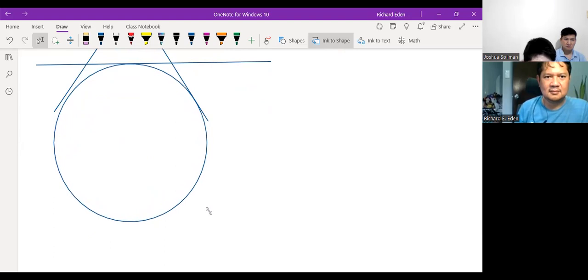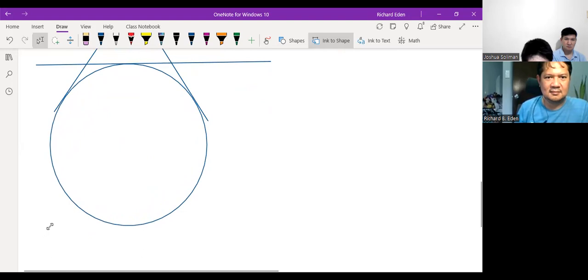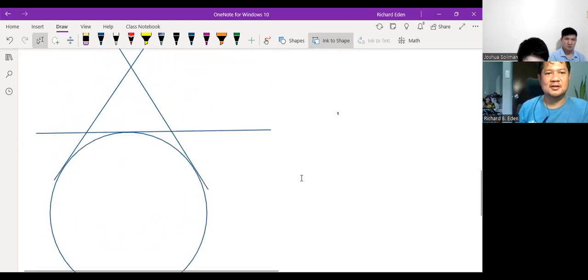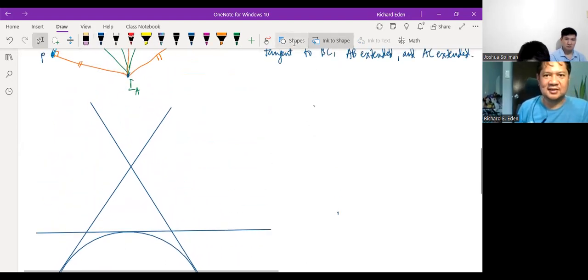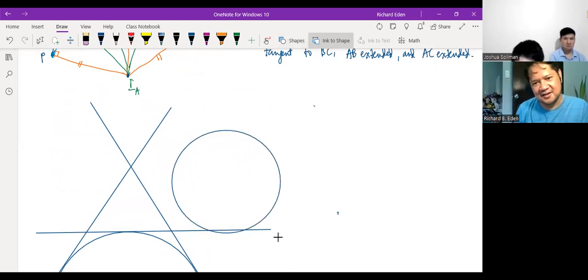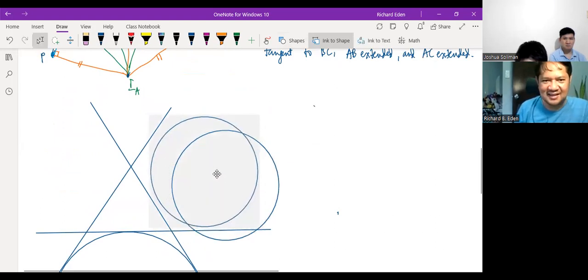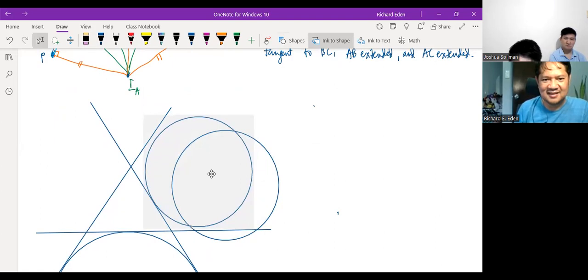Okay, literally nice. So hindi siya tangent, but sige, let's give it a bit of space, and then. How do you know the center of the circle though? Wala, estimate na lang. No, but what if we use Thales' theorem to find the center?